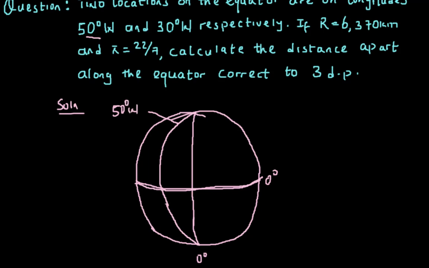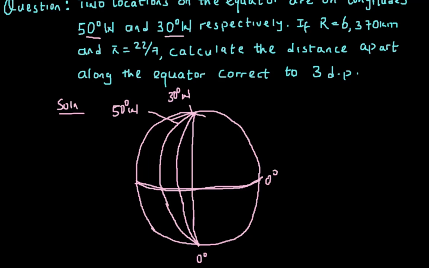Does this make sense? And then we have 30 degrees west. So 30 degrees west will be still on the left hand side of the prime meridian, but closer to the prime meridian. So we are going to be having something like this. And here we have 30 degrees west.